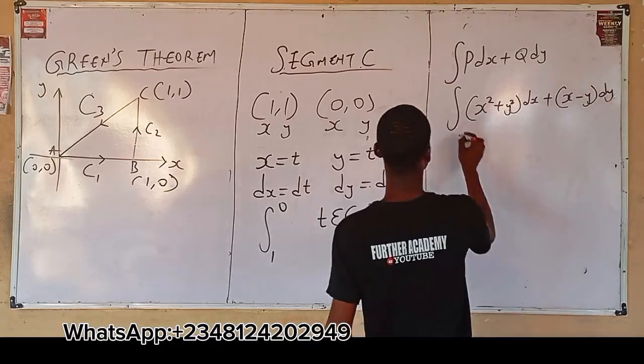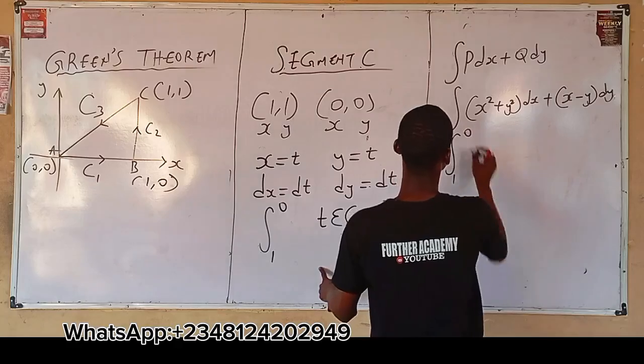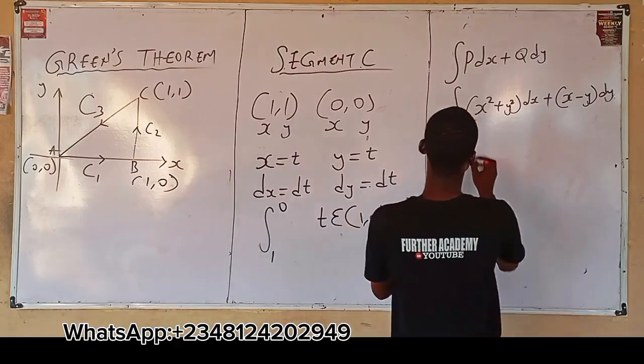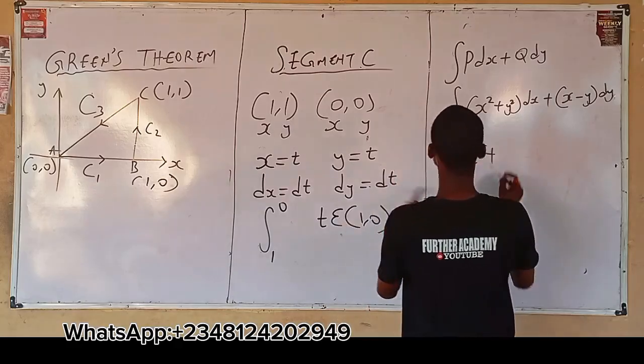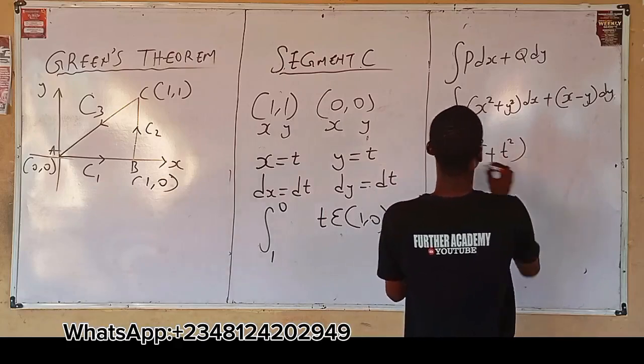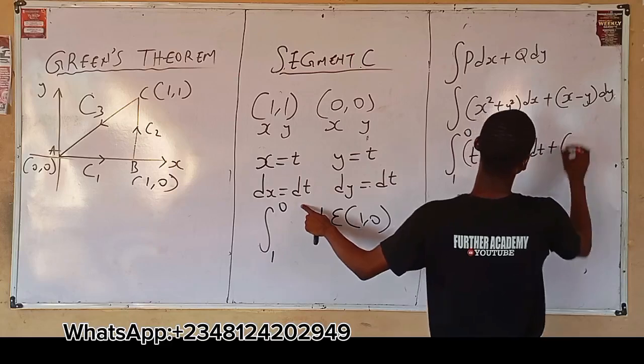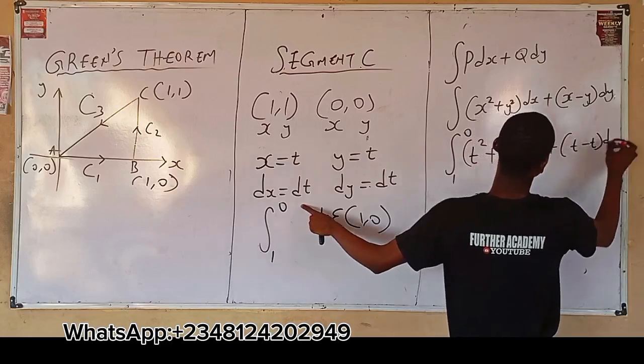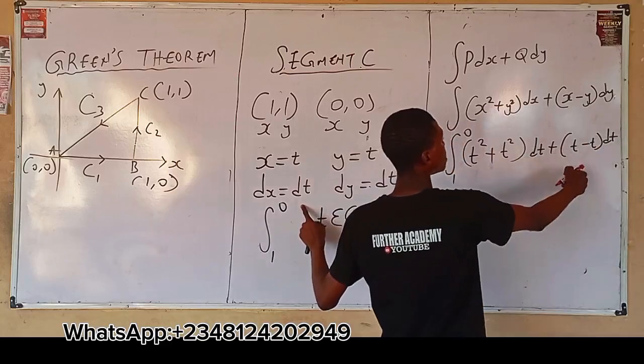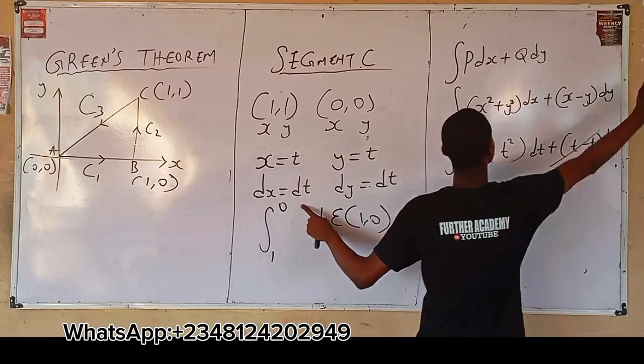Substitute each function, from 1 to 0. Your x is t, meaning t squared plus y is also t squared, multiplied by dx, which is dt, plus t minus t dt. Then t minus t is 0, and 0 times this will cancel out.